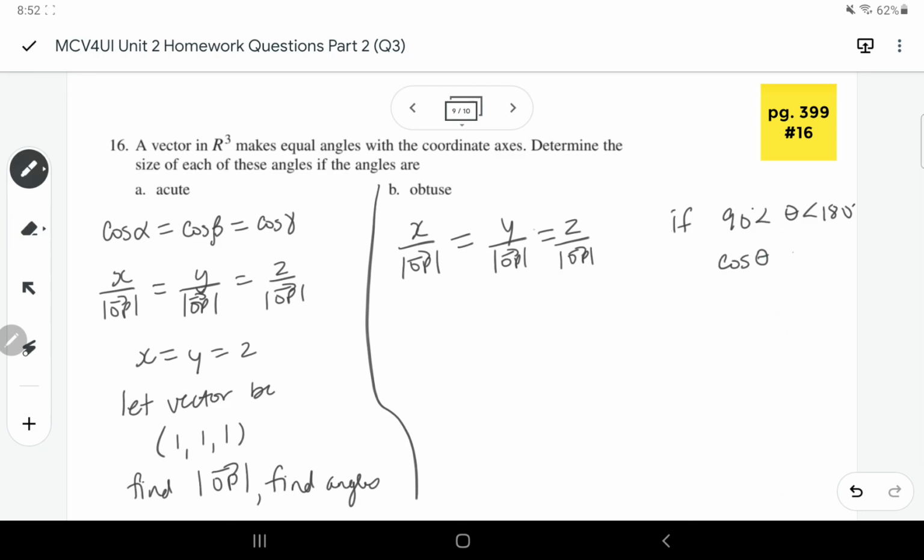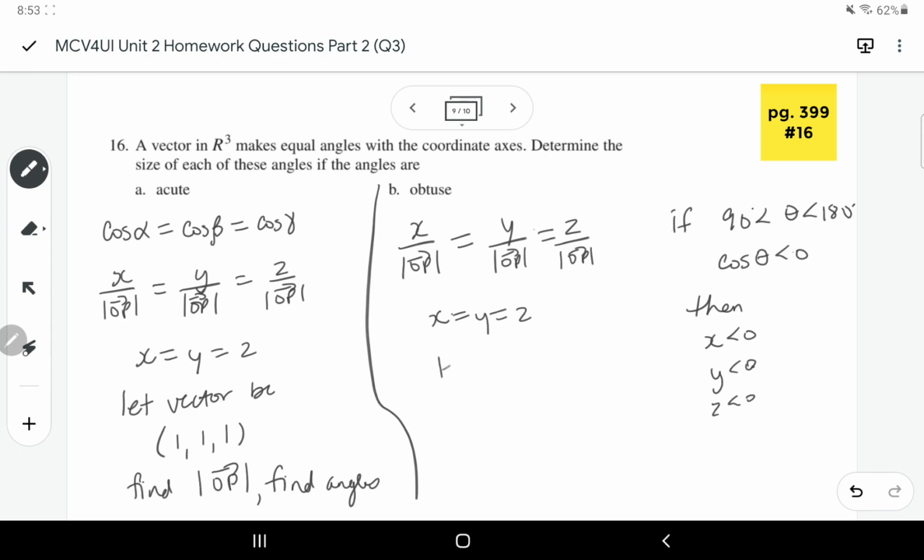So thinking about the CAST rule or thinking about the graph of the cosine function, after 90 and till 180, you have negative values there. So that would mean that we know the magnitude has to be positive, but here x, y, and z would all be negative. So we still have x equals y equals z, but they have to be negative values.